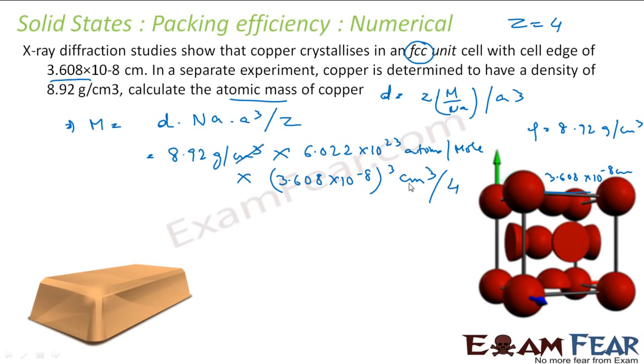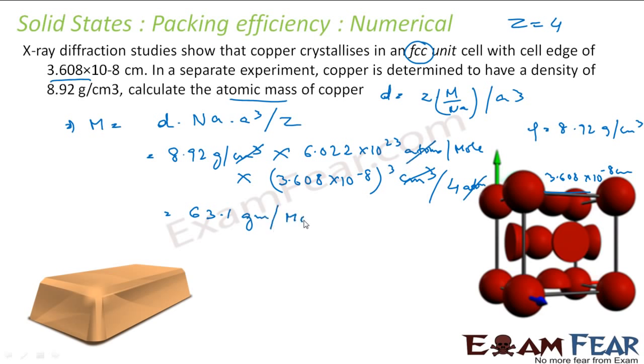This centimeter cube will cancel, right? So when you solve this, you get 63.1. The unit will be gram, and this is atoms, actually 4 atoms, so it cancels.